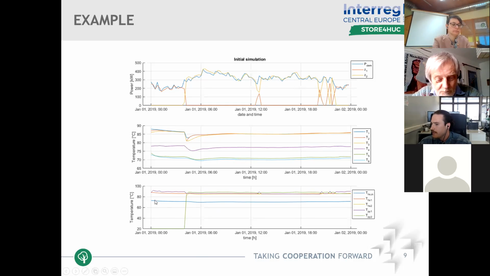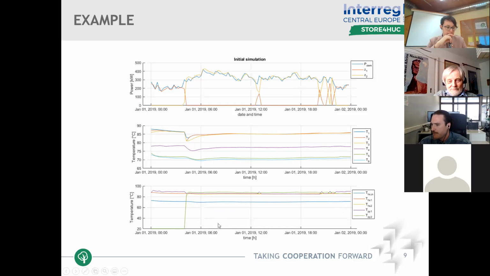The blue line is the temperature of water coming into the boilers, which in this case is the same as the temperature T6 at the bottom of the tank. And we have as a model the temperatures of the steel inside the boilers. The purple one is from boiler 1, and the green one from boiler 2.